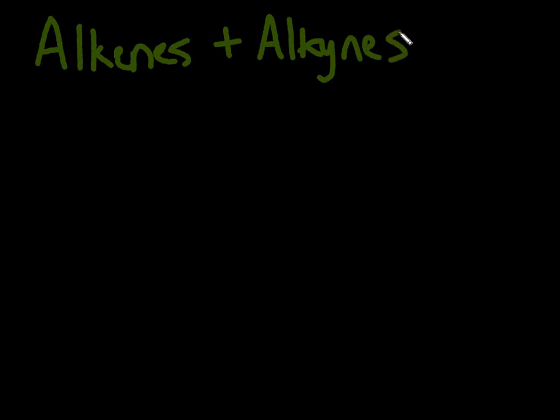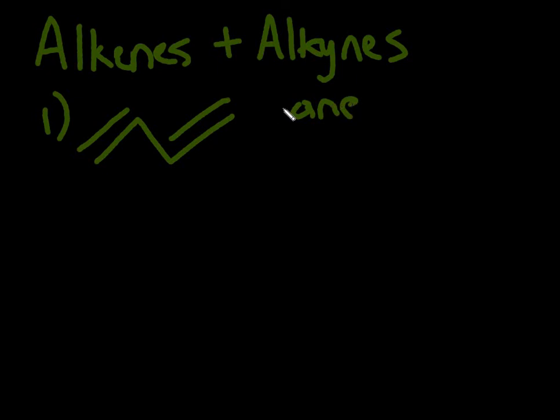However, with alkenes, you'll have a double bond, and with alkynes, you'll have a triple bond. So let's look at an alkene. With alkanes, we had the ane ending. For alkenes, we'll have the ene ending.